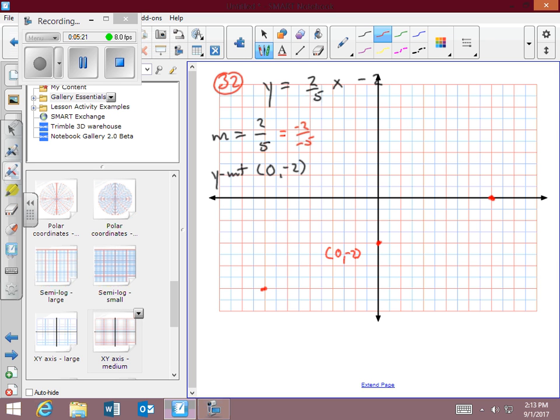And I can join those points. So I could join the points here up to here, or I could join the points here. And you can see that no matter what that is, they're collinear. Those lines extend. So I can do it either way I want.